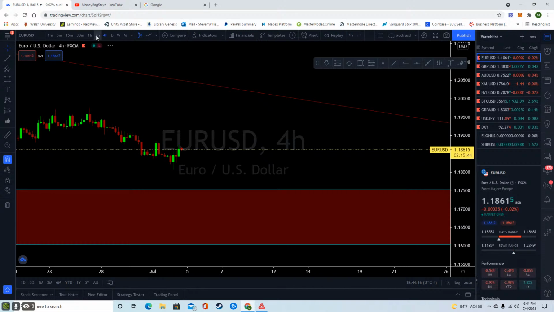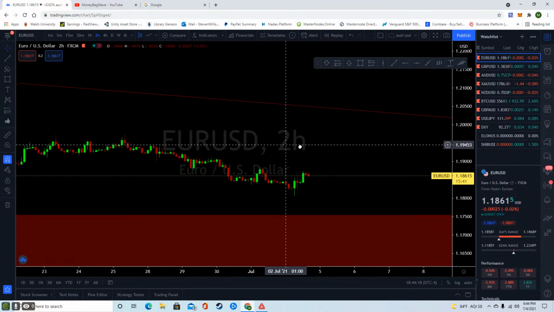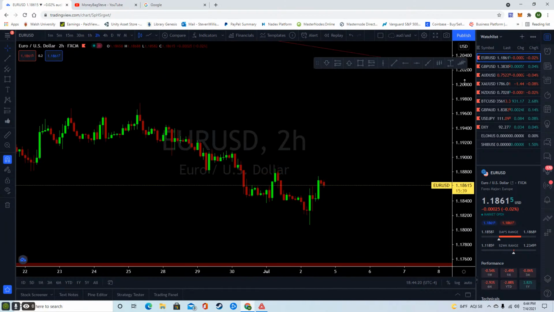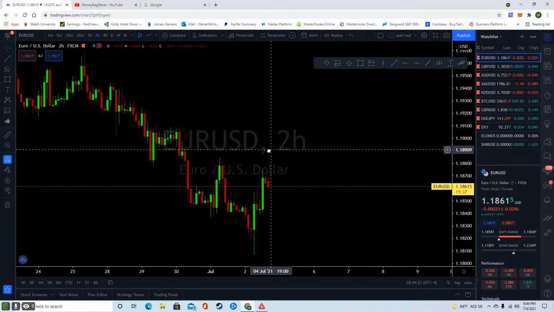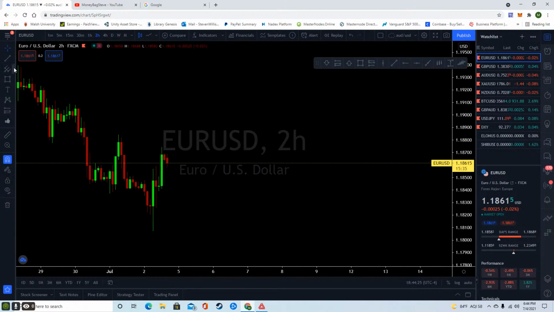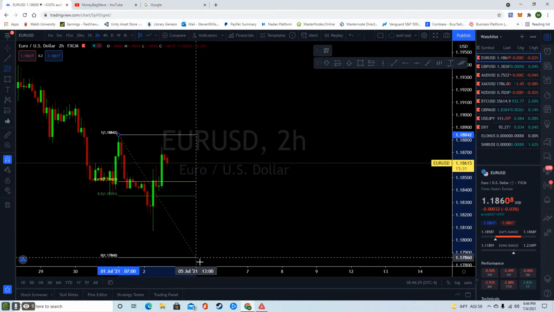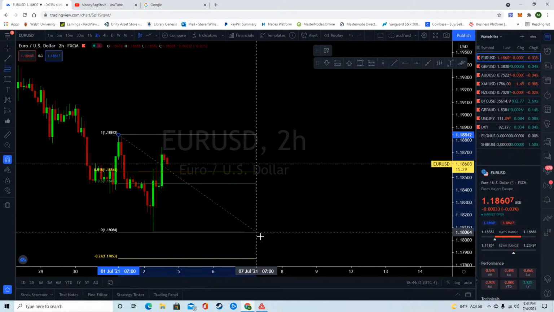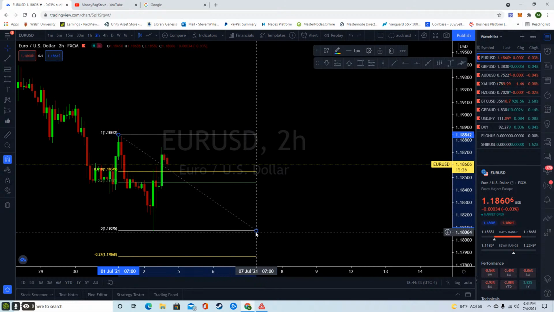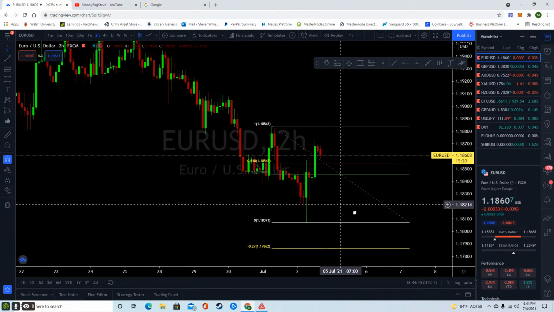And then we'll go to 2 hour. And we'll create a Fibonacci right about here to the last point, the lowest point it's been, because it can always go back there.